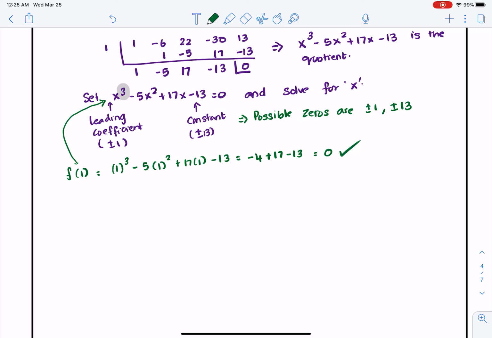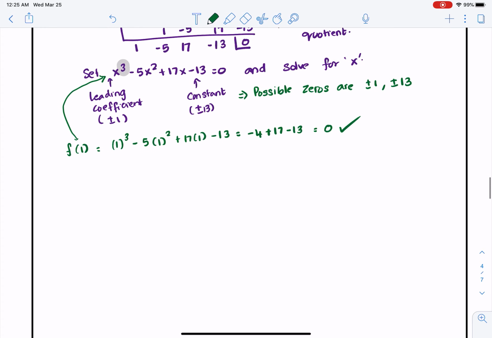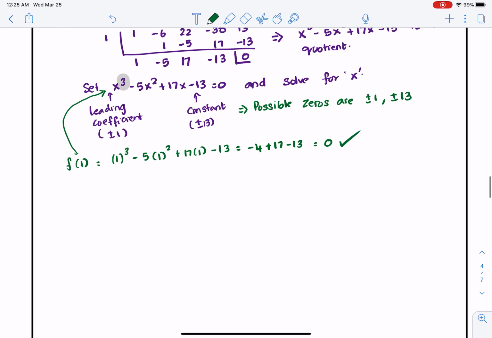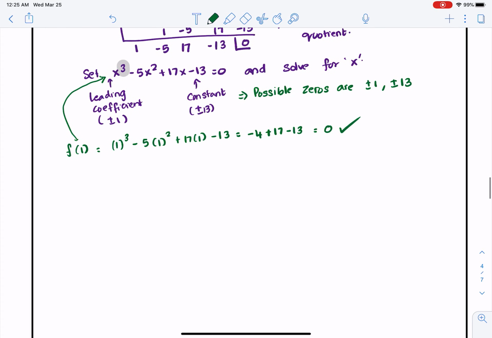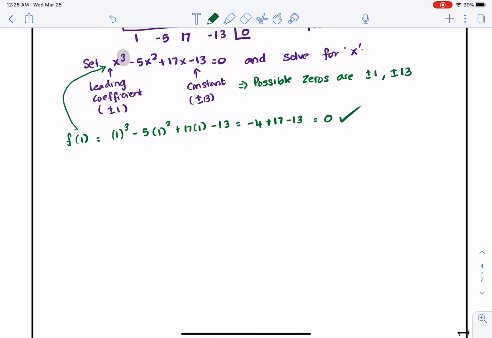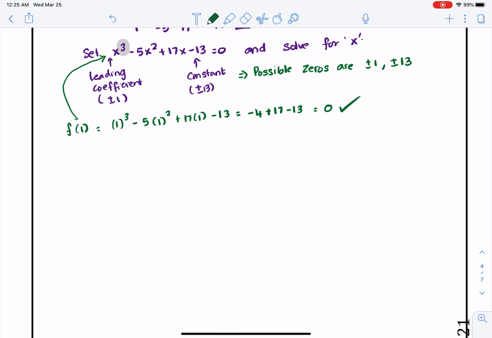So got lucky again. What are the chances? So now we've found the next 0, which is 1 also. So x minus 1 is a factor because x is equal to 1 is a 0.